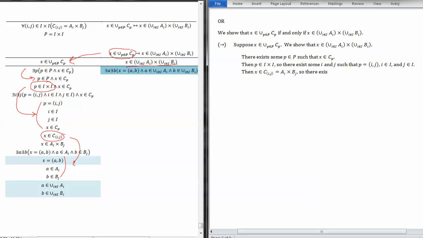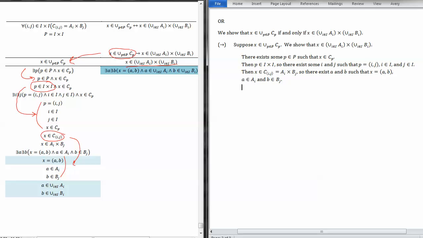So there exist some A and B such that X is equal to the ordered pair AB, and we have A in A sub I and B in B sub j.